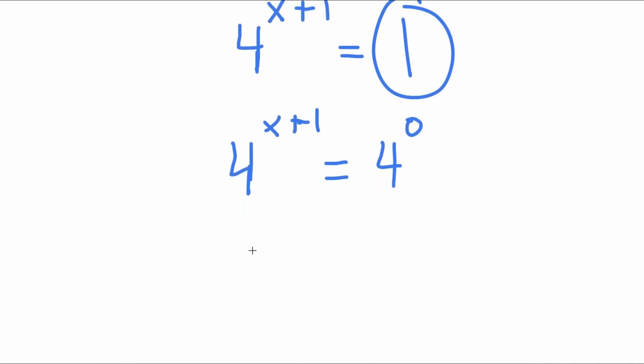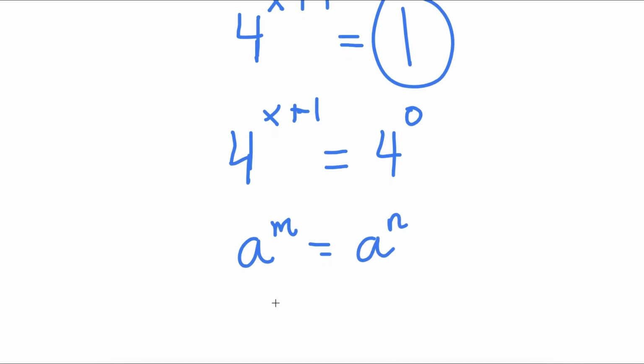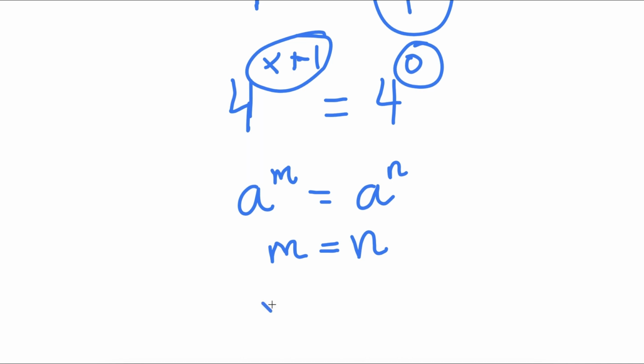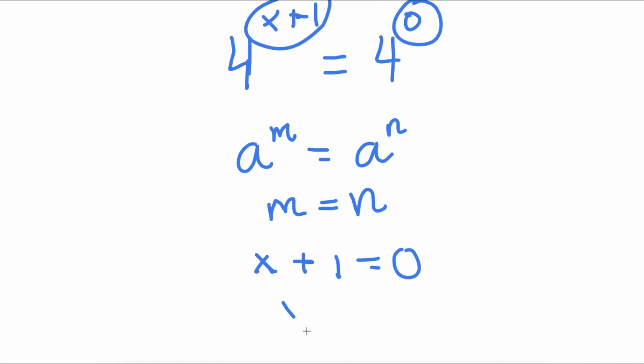And if I have something in the form a to the power of m is equal to a to the power of n, this means that m is equal to n. So in this case, x plus 1 here is equal to 0, meaning x is equal to -1.